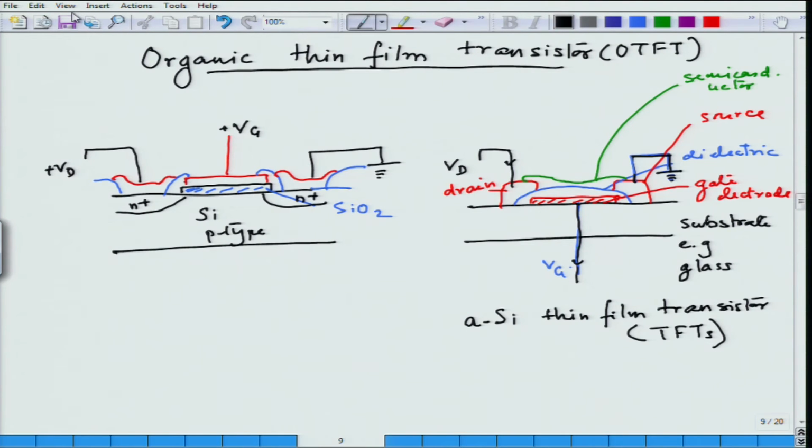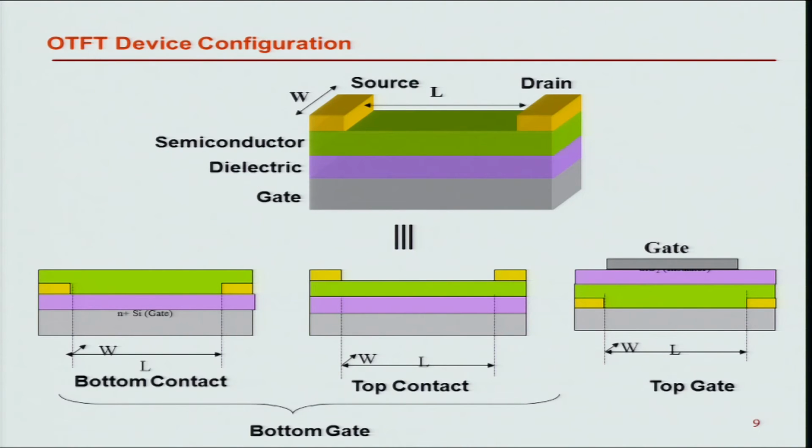There are different configurations one can see, and so I can make an OTFT in various configurations. As you can see, we have the gate which would be on some substrate, then the dielectric layer, then on the top a semiconductor layer.